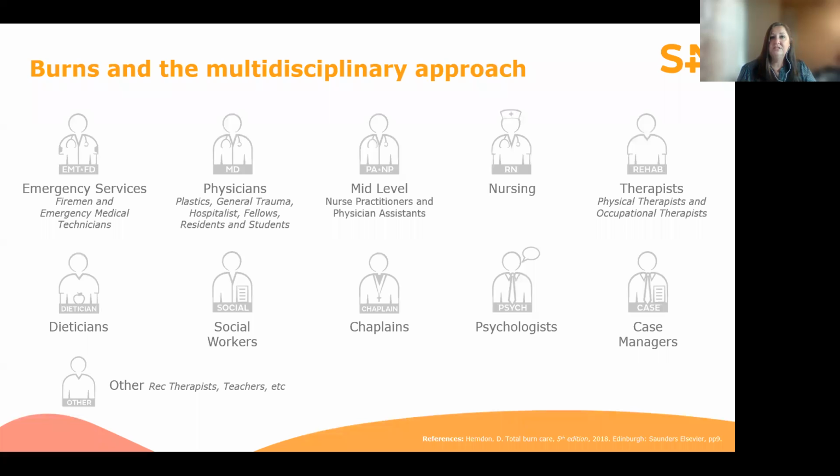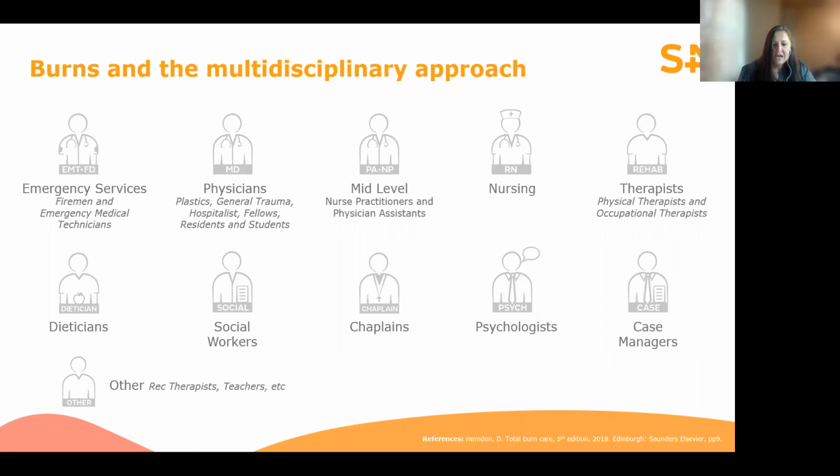If we have patients that have been ventilated for a long time or had inhalation burns, all of these therapists are going to have a major role to play. Our dietitians are very important. We know that burns take a lot of calories, and it's very difficult for patients to heal without a balance of nutrients and the extra support they need there.